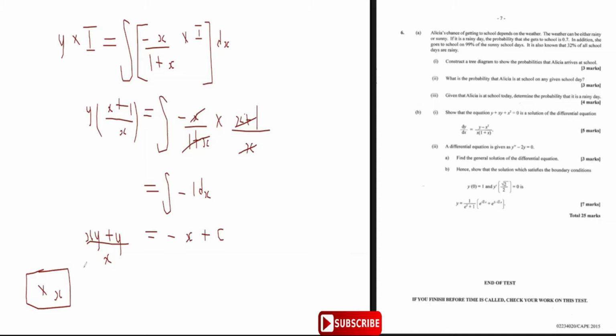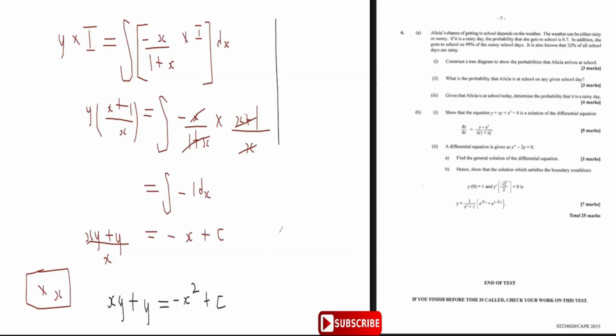We get xy plus y is equal to x times minus x, that is minus x squared, plus c.